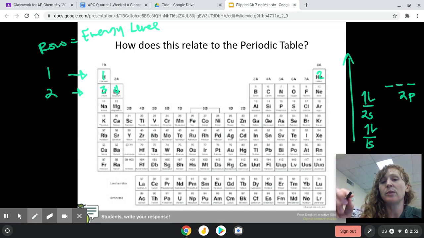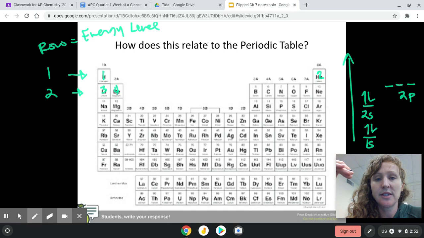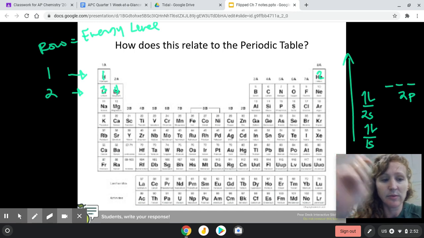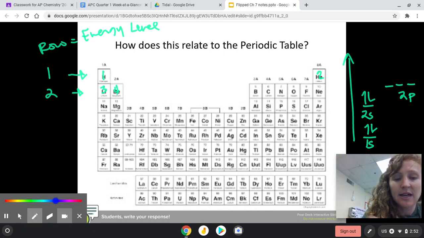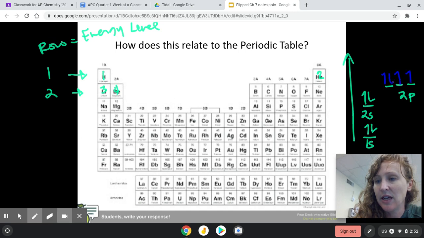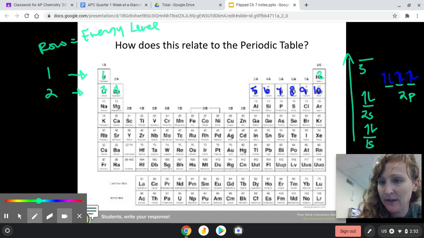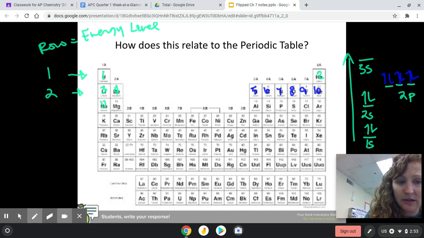Now, if we keep going across the periodic table, filling in our ground state orbital diagrams, you're going to start to see some patterns. So 2p would be able to hold electron 5, 6, 7, 8, 9, 10. And then electron 11 is going to come back to the S orbital.